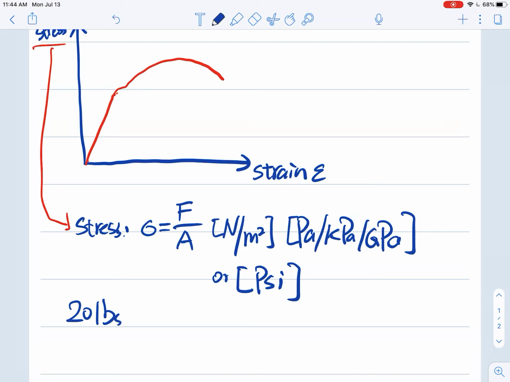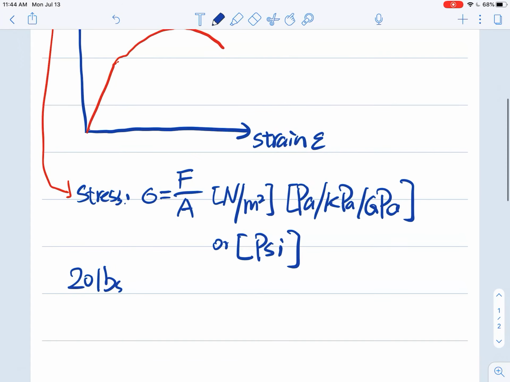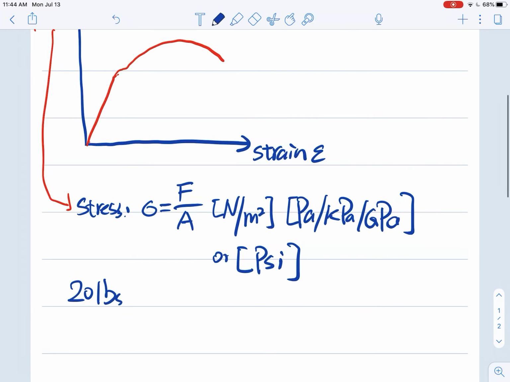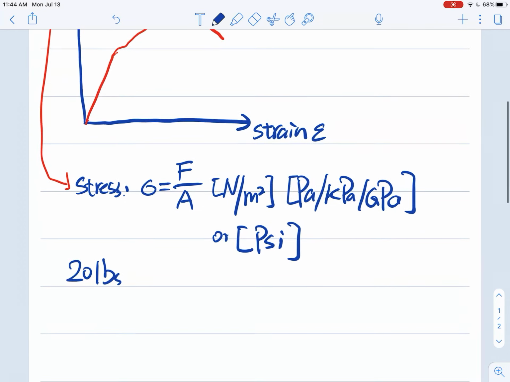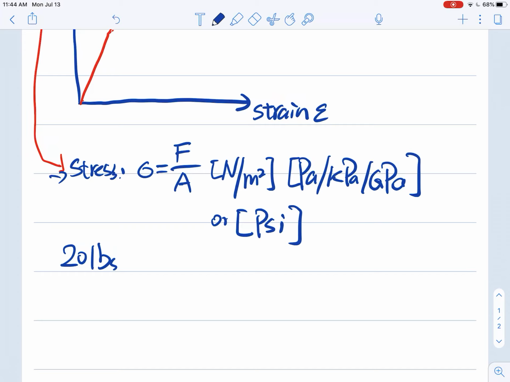And if this 20-pound force is applied on a very tiny area, this is going to create a large stress, so the intensity of the force is high. So the stress can be thought of as the intensity of the force. And this will help you to understand why we need to use stress in this chapter.